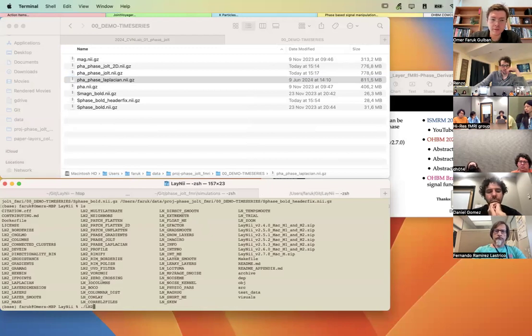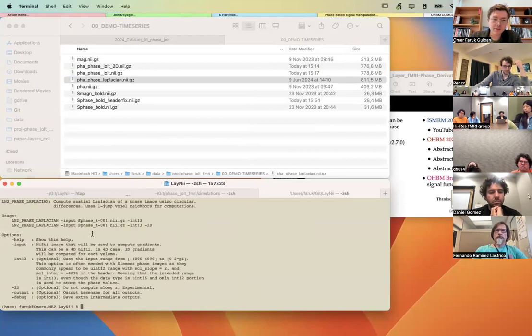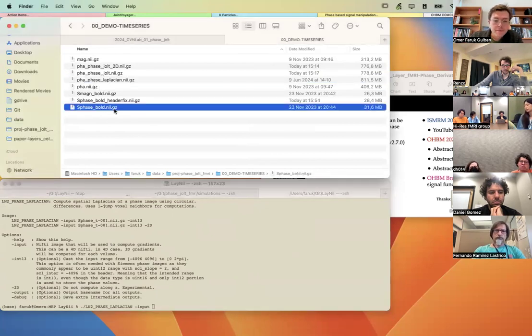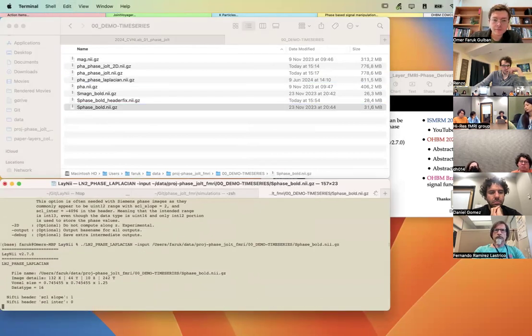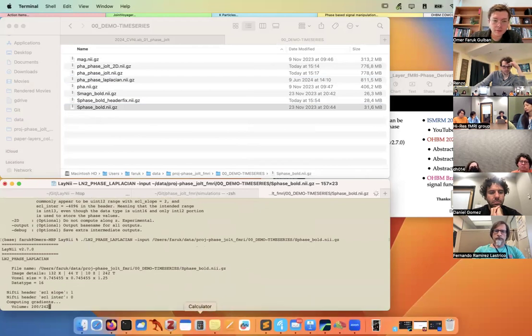You download LayNii. There is the phase Laplacian program, and the help menu tells you how to use it. It's a command line program. Now I'm just going to give it a phase time series. Oops, I don't want to run it actually.